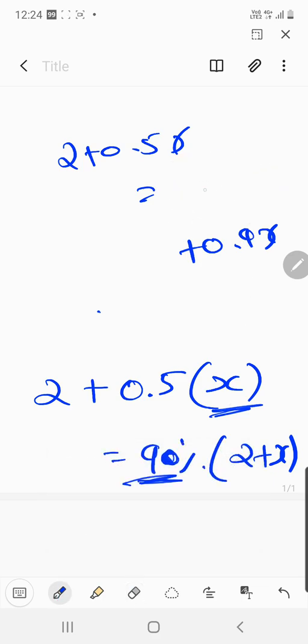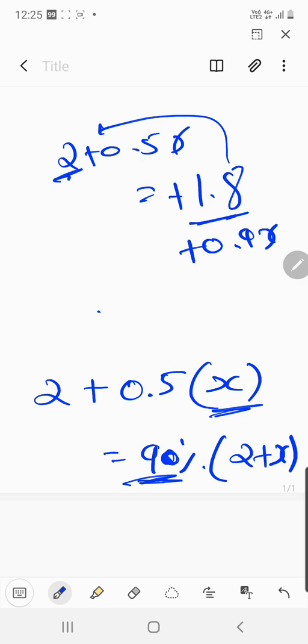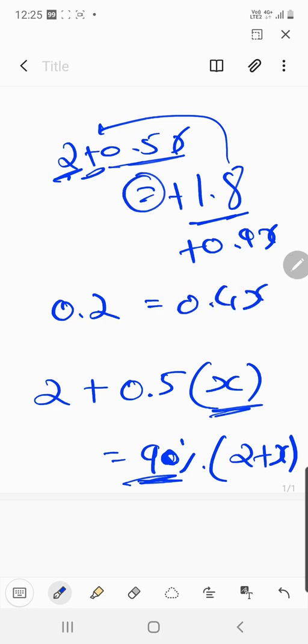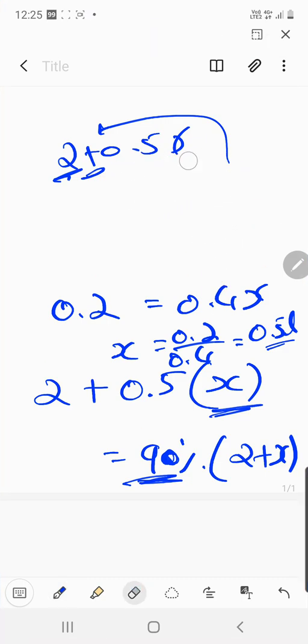There we go. 1.8, which we take to the other side, plus becomes minus, so 2 minus 1.8, 0.2 is equal to, plus becomes minus because we're taking it to the other side of the equal to, 0.4x, which gives x equal to 0.5. That's it. Just half a liter.